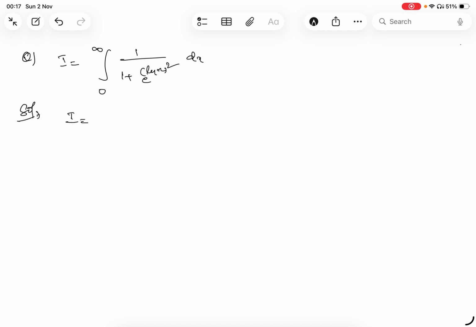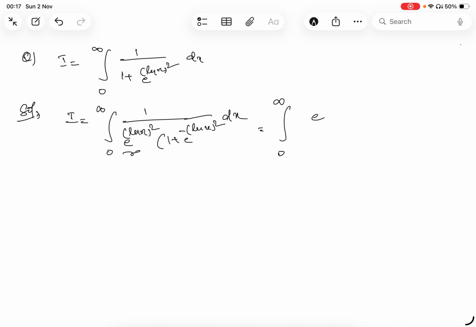This I can be written as the integral from 0 to infinity of 1 by, if you take e power ln x square as common, then we are left with (1 plus e power minus of ln x) whole square dx. Fine.